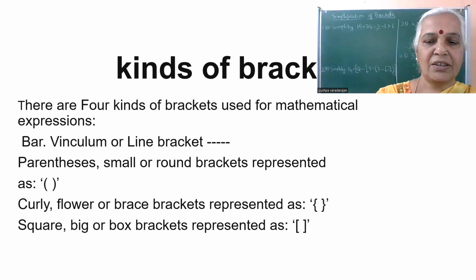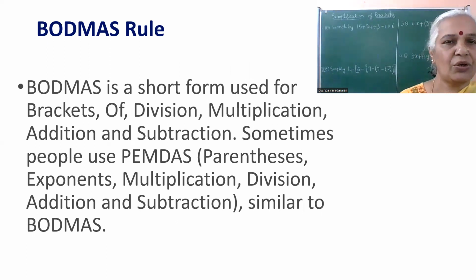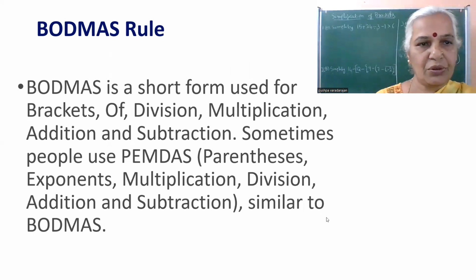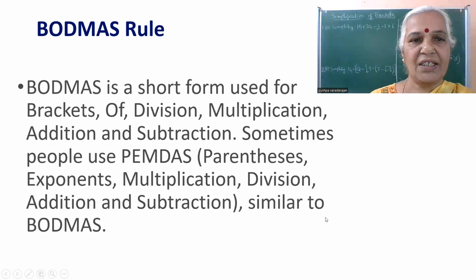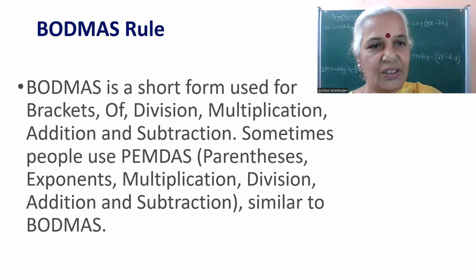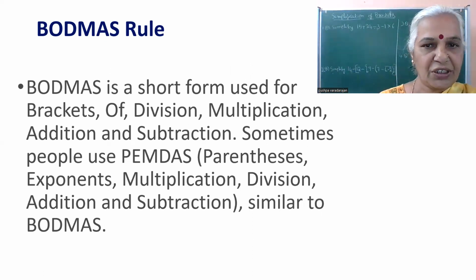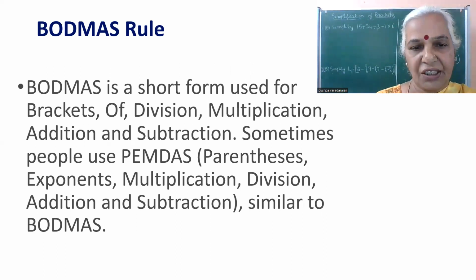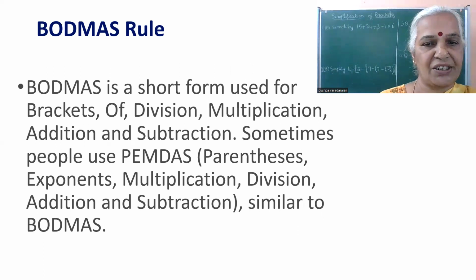In the next one, you are going to learn the BODMAS rule. BODMAS is a short form for brackets, of, division, multiplication, addition, and subtraction. Sometimes people use PEMDAS: parenthesis, exponents, multiplication, division, addition, and subtraction.